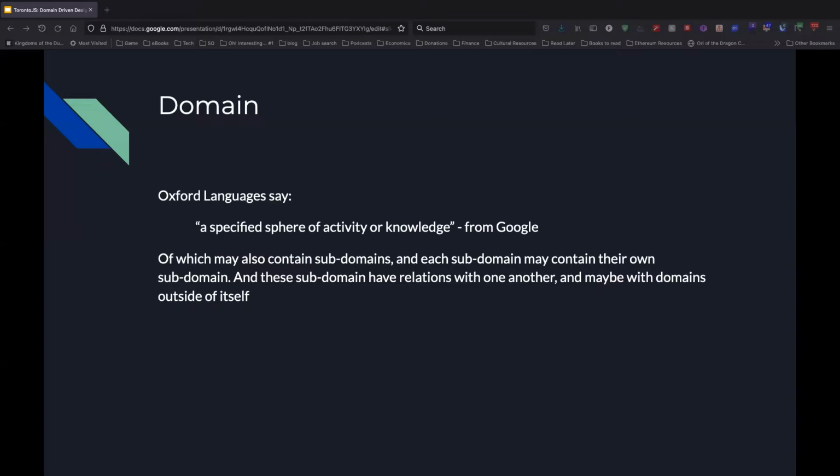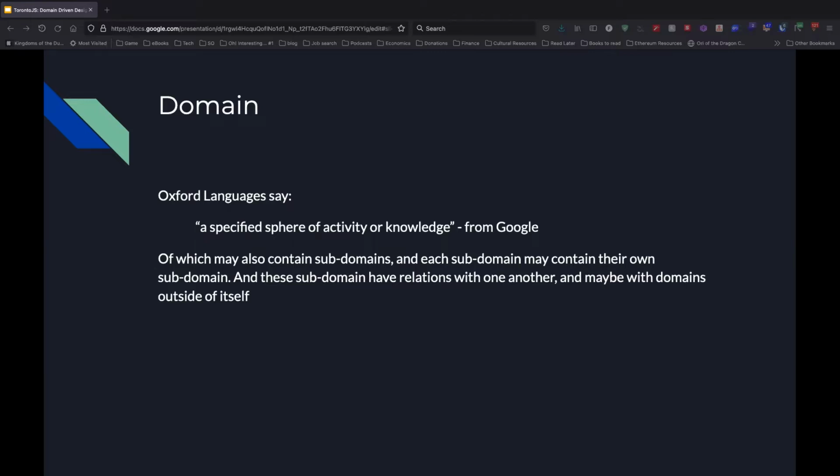Inside chemistry, there's something even more specific, biochemistry, for example. So there's that nesting aspect to it, and also you can relate one domain to another. For example, physiology with sports. There's some kind of connection there, right? You can be expert in one of those independently, but also you can be expert in them jointly together.